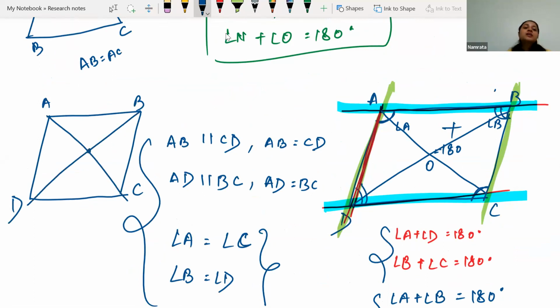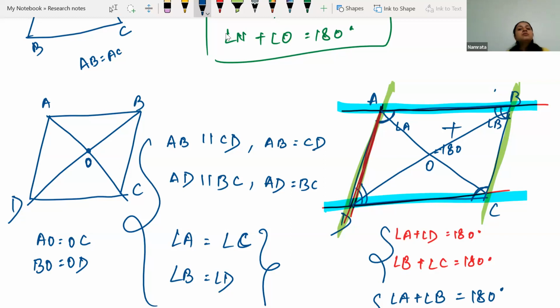That means both diagonals are cutting each other into equal parts. Here the diagonal AC, that means AO will be equal to OC. And the diagonal BD, that means BO will be equal to OD. That also we will prove just after discussing this family tree, why AO, OC, BO, OD will be equal.